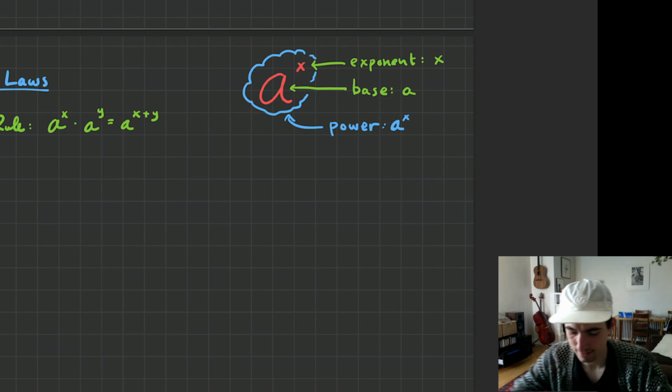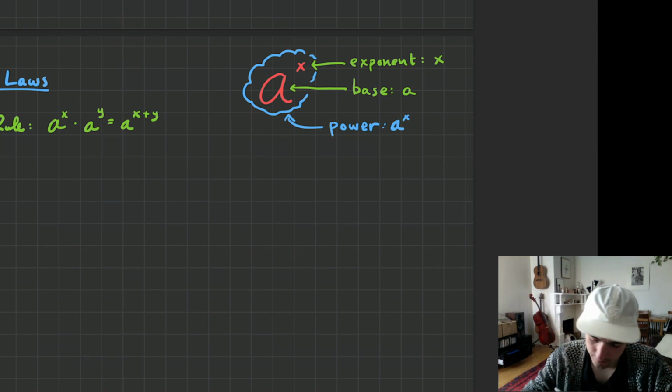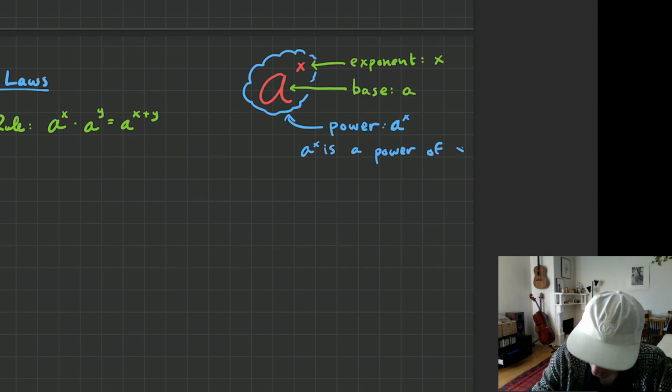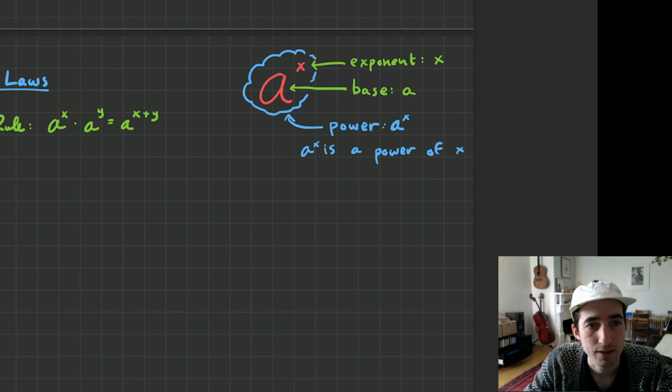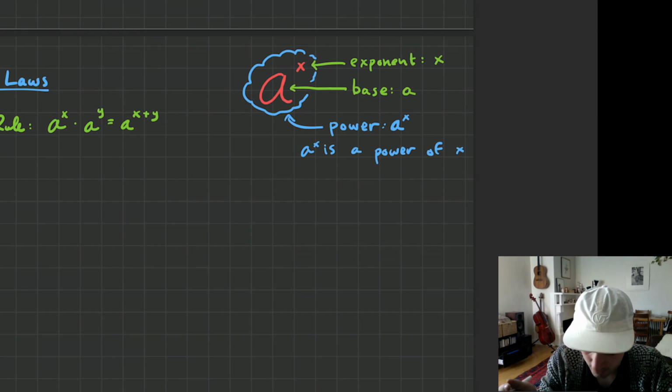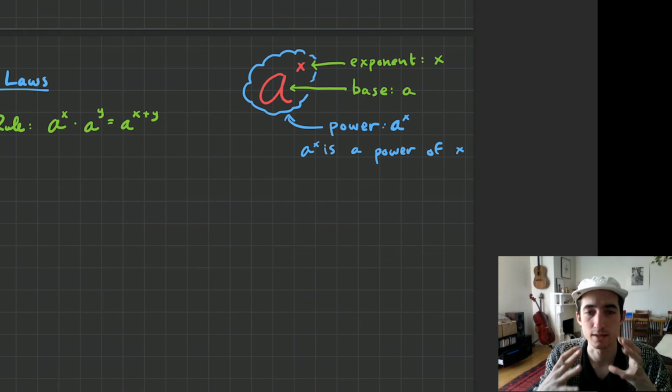So a to the x is a power. In fact, we could say a to the x is a power of a. That's another way of saying it. Those are terms that I'm going to be using. Base refers to the number that we're multiplying repeatedly. Exponent is the number of times we're multiplying it by itself, and the power is the whole thing considered as a whole.